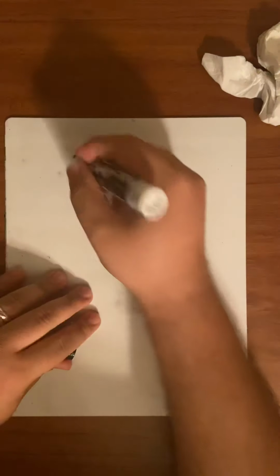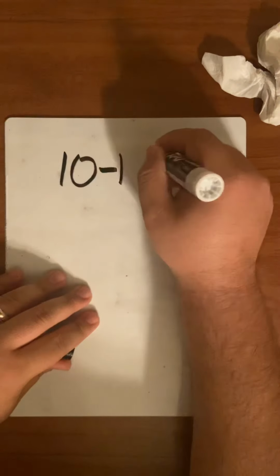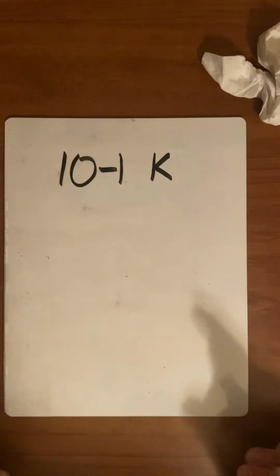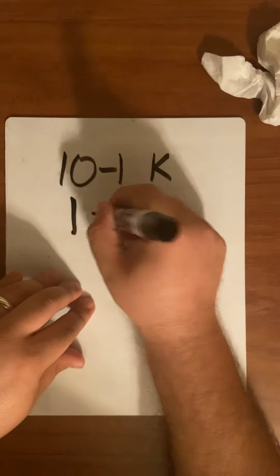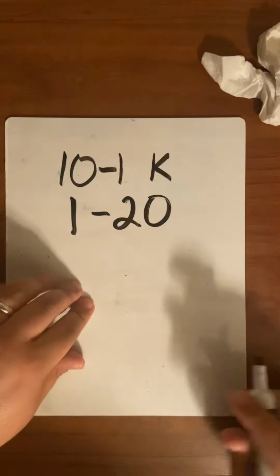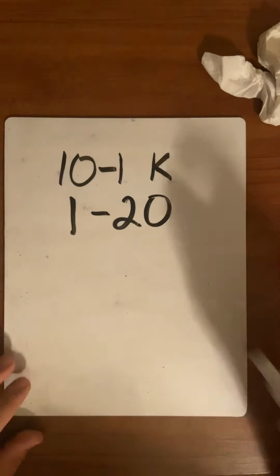On the worksheet that you are going to have on Google Classroom, the worksheet is going to say 10.1K. The problems that you will be working out on your own are 1 through 20.